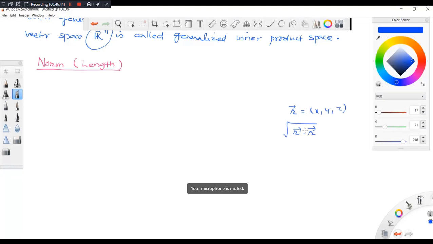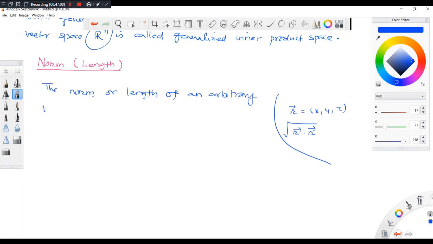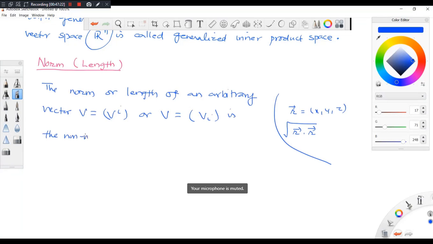Okay, so what I do here is the norm or length of an arbitrary vector v, equal to vi, either covariant or contravariant, is the non-negative real number.